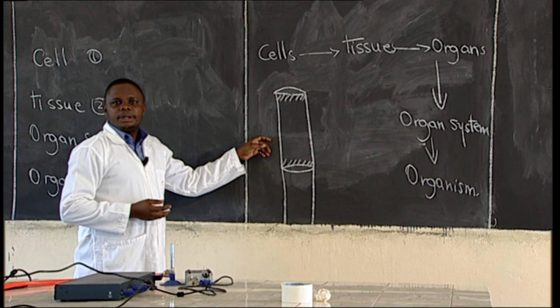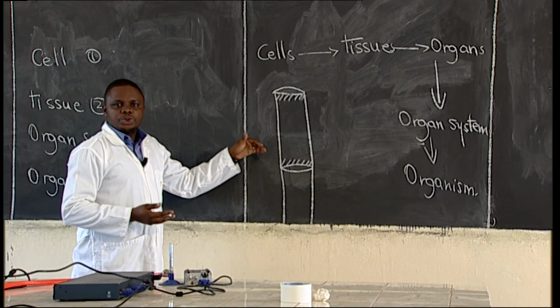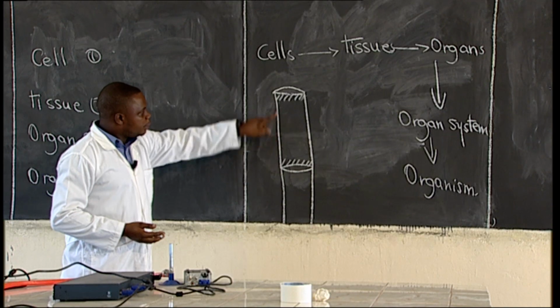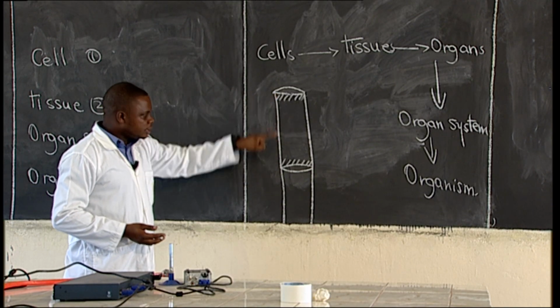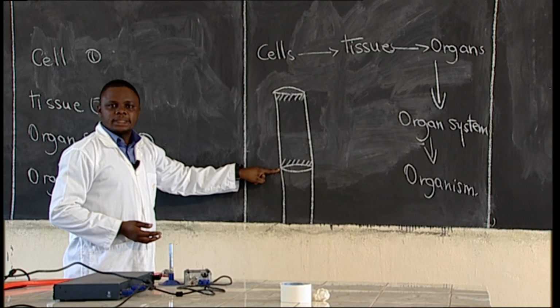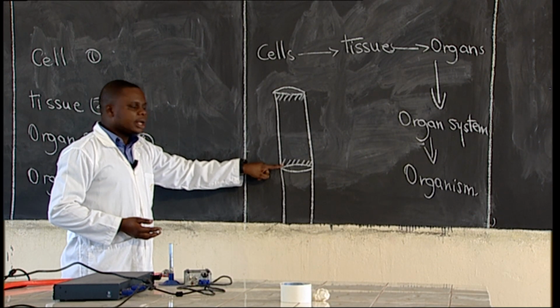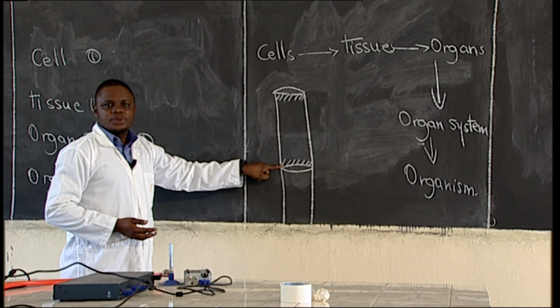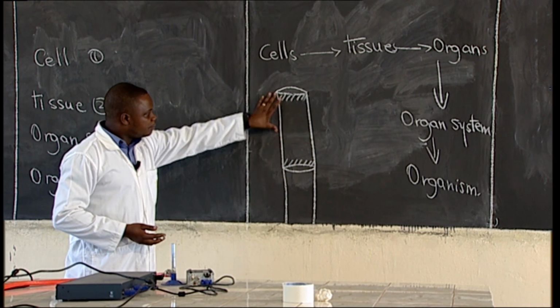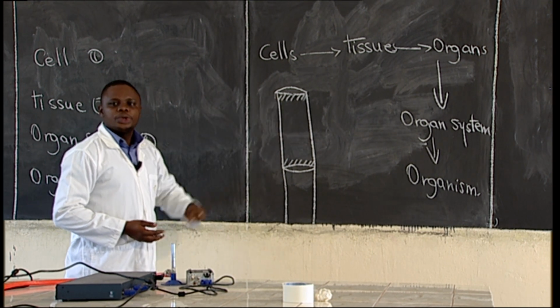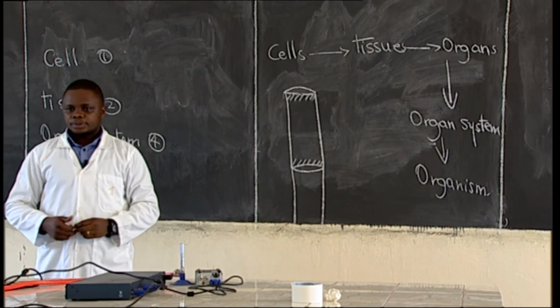These intercalary meristems are going to cause growth between this internode and this internode. So that is what we call intercalary meristems. So they will cause the growth between these two internodes.